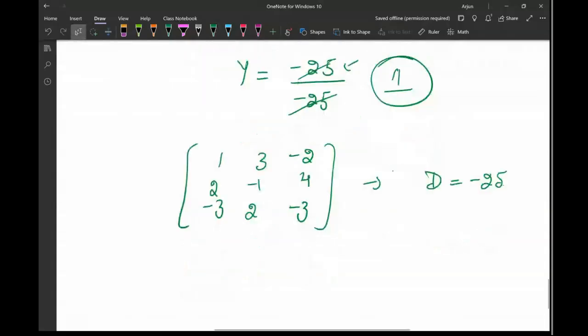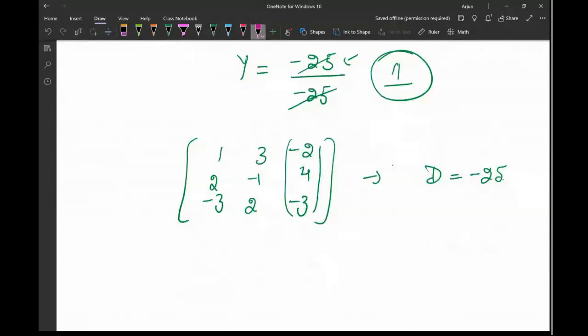Now I will replace these three terms with 1, 2, minus 3 here, and 3, minus 1, 2, and these three terms with 5, 7, and minus 1.